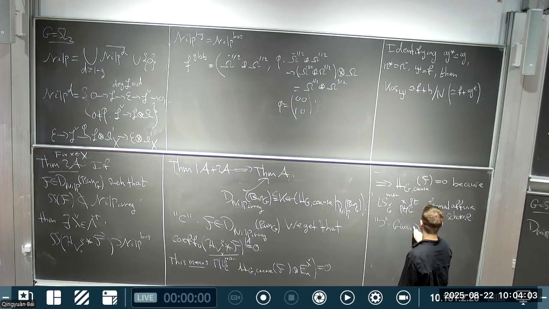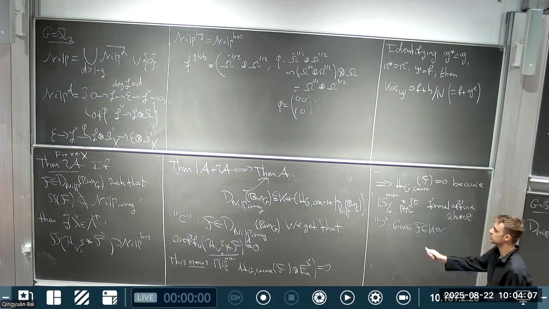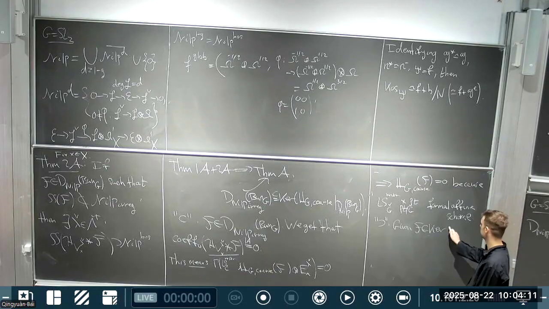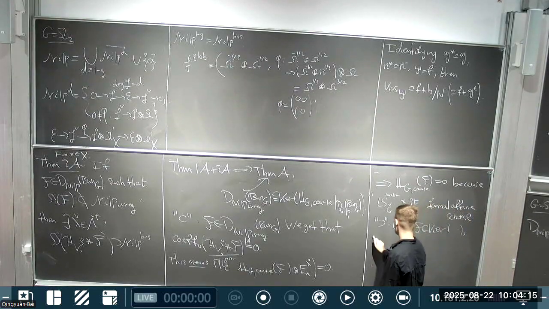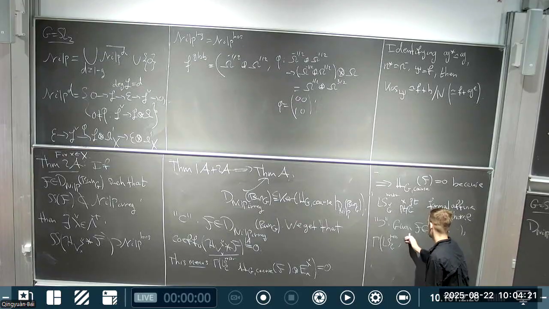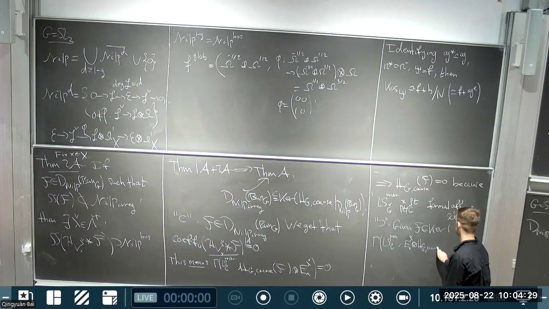Okay, so given F and this column, we want to show it has nilpotent irregular singular support. So what this tells you is that global sections of E lambda check X times LG coarse of F is 0.